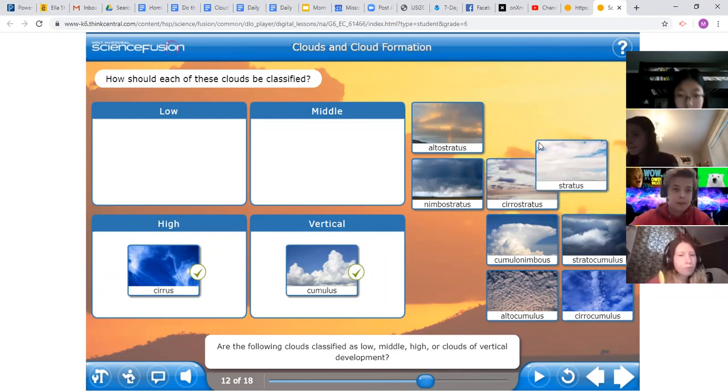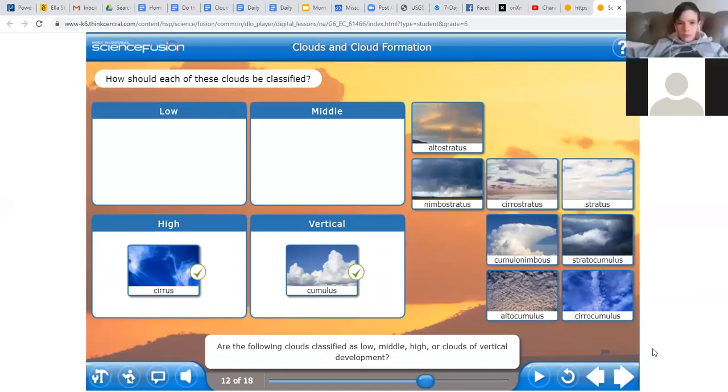Got a guess? How about Kellen Miller? Low. We're going to put those in low.